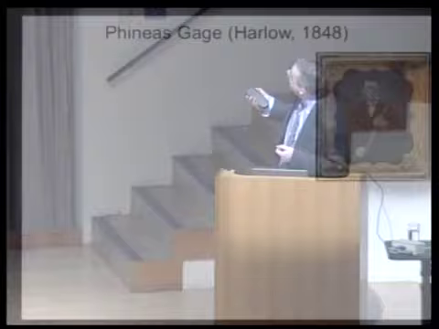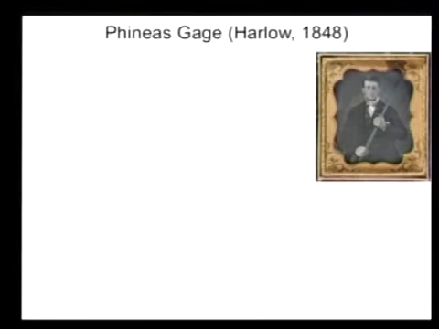So the first sort of intuition as neuroscientists that we had as to the functions of the brain in decision making came from a case back in the 19th century. A very famous case now, many of you may have heard of this, called Phineas Gage. I think he's found his way into introductory neurology and introductory psychology textbooks by now.